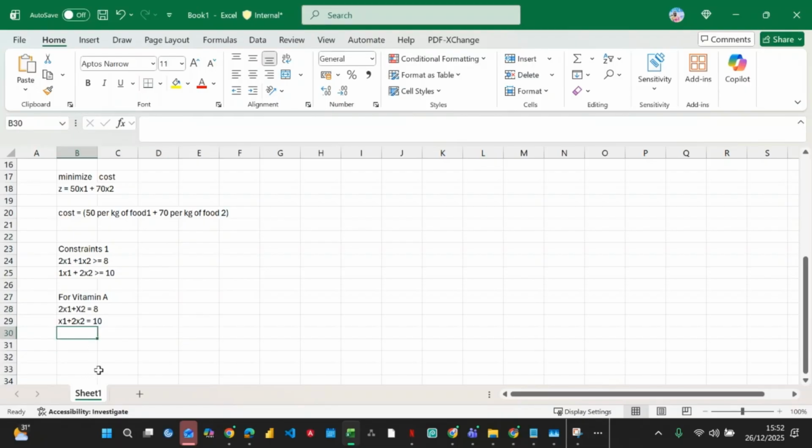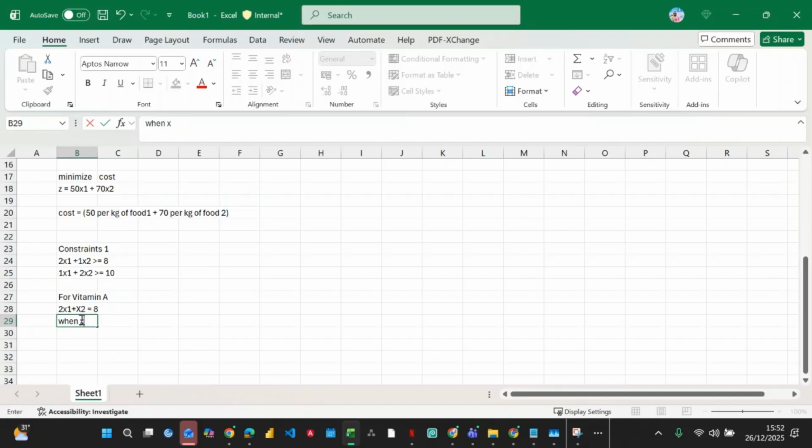If I solve this guy now, let's just do this step by step. I'm going to remove this one first. Let's focus on this one. So now this is what I have.